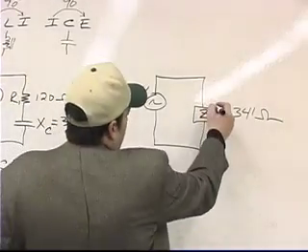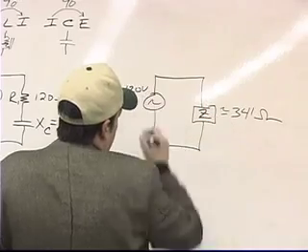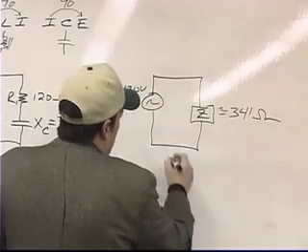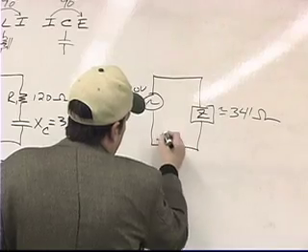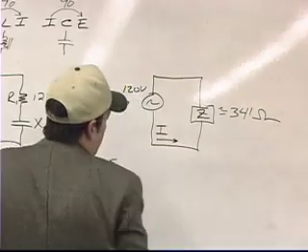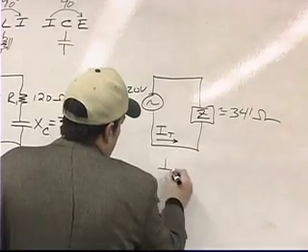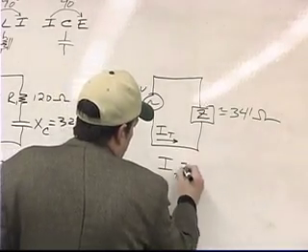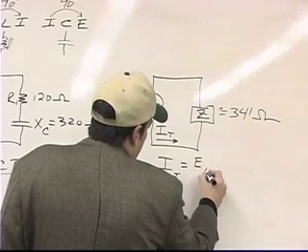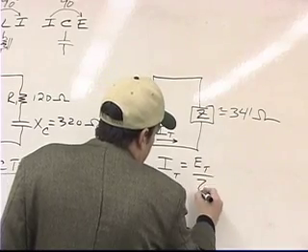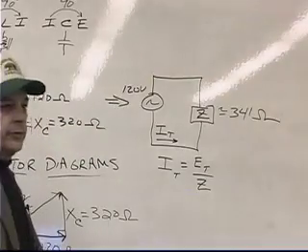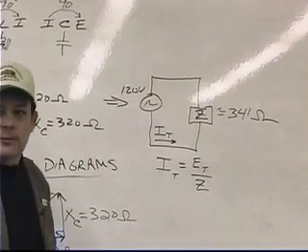Okay? So this impedance right here has a voltage drop of 120 volts, which makes it simple for us to figure out the current flowing from the source, by using Ohm's law. The total current is equal to the source voltage divided by the total number of ohms for the circuit, or the total impedance of the circuit.